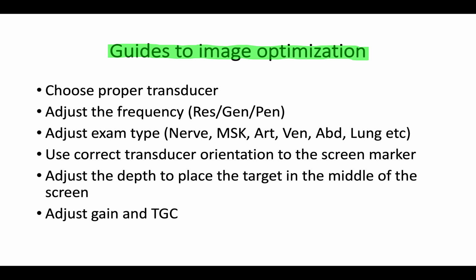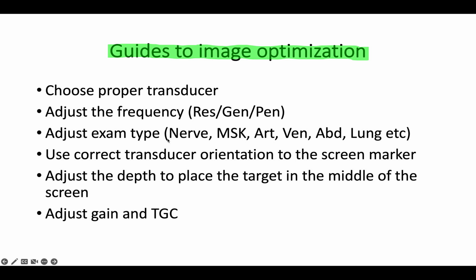So if I summarize, to optimize the image, we first have to choose the proper transducer, meaning proper frequency, proper type, curved versus linear, and proper footprint. Because we frequently deal with broadband transducers, we can adjust the frequency by choosing resolution, general, or penetration.